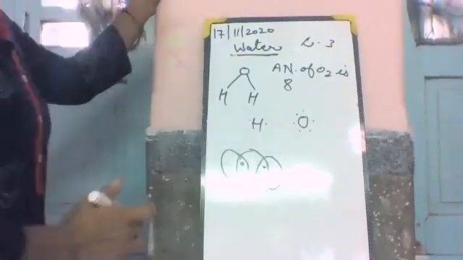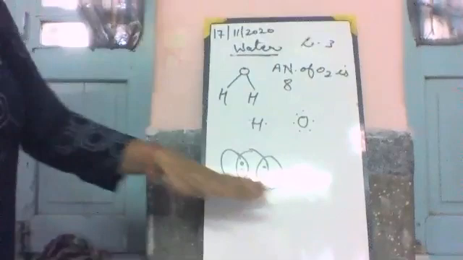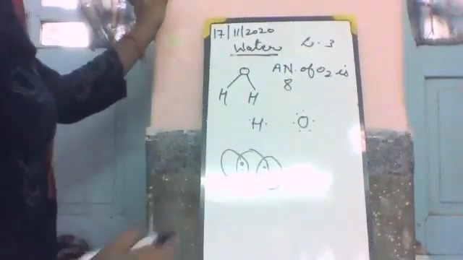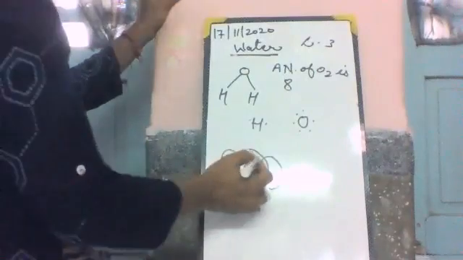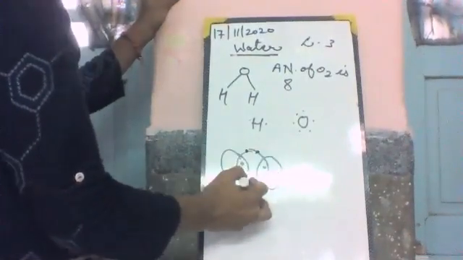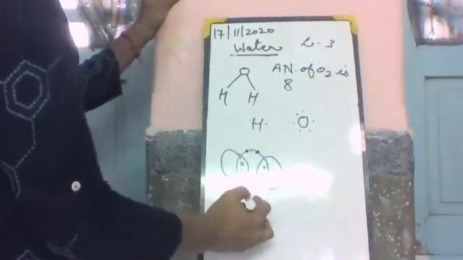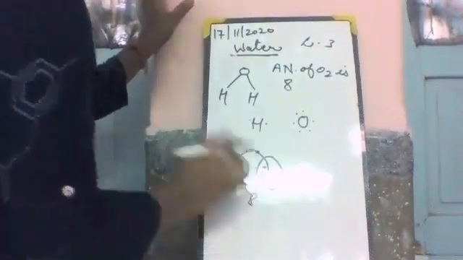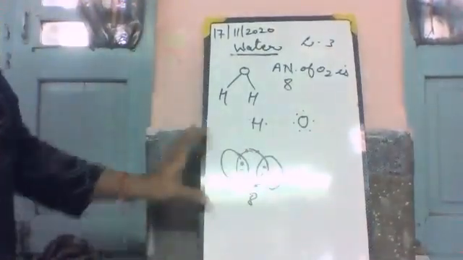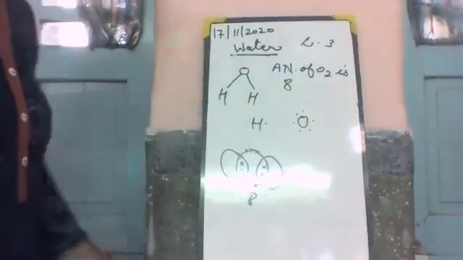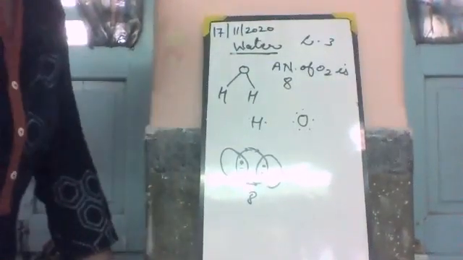They share their electrons, so there are 8 electrons around oxygen and 2 electrons around each hydrogen. So this is the molecular structure of water.